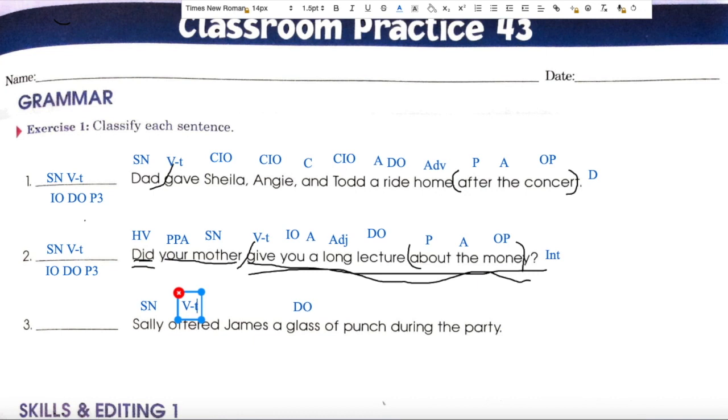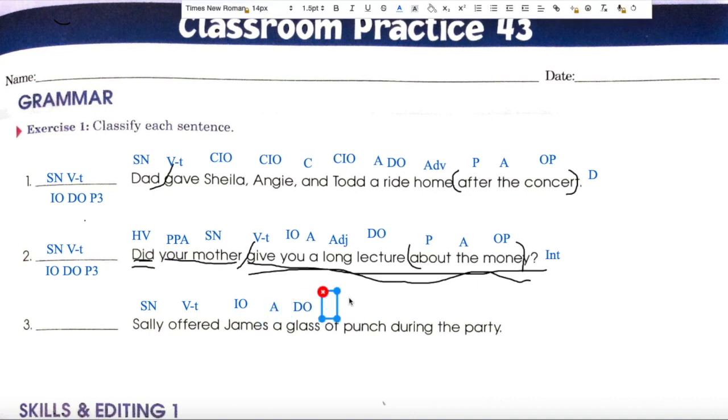Sally offered glass to whom? James. It's answering the question to whom. It comes between the verb transitive and the direct object, so that means this must be an indirect object. The word a is always an article adjective.